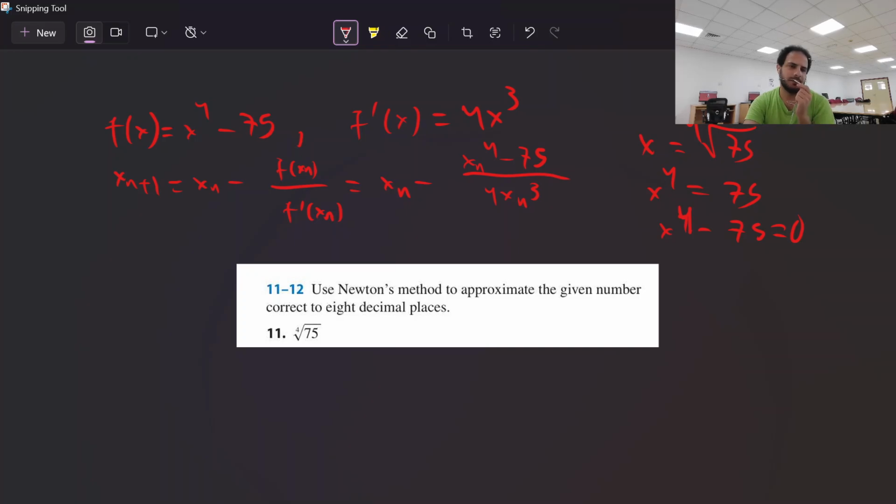I want to make a common denominator here to make it easier when I use the calculator. So it will be 4xn power 4 minus xn power 4 plus 75 over 4xn cubed. So I combined them, okay?